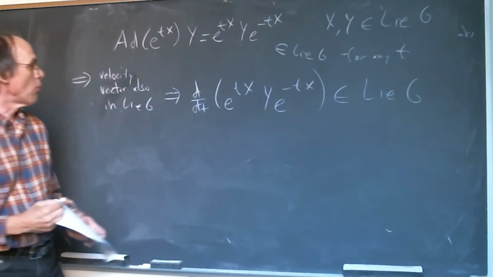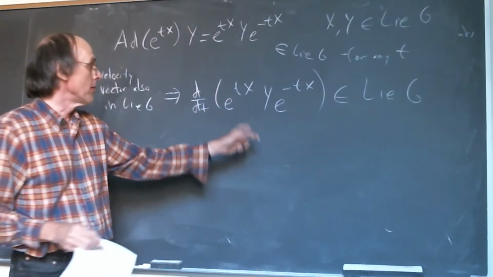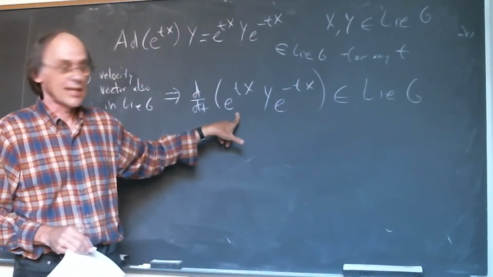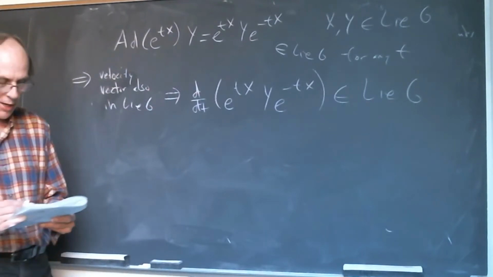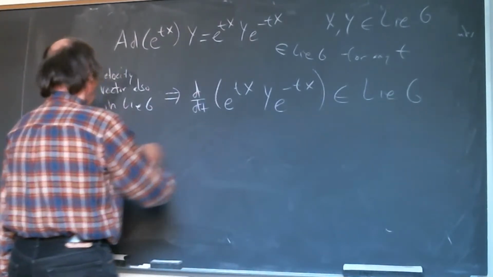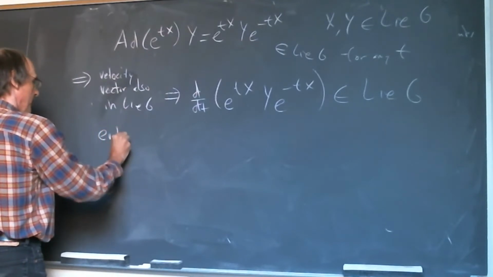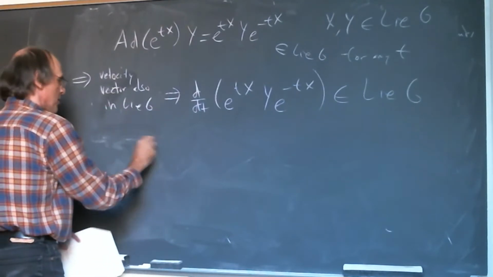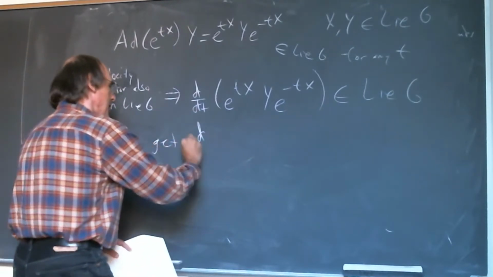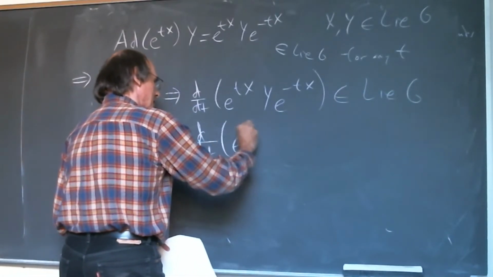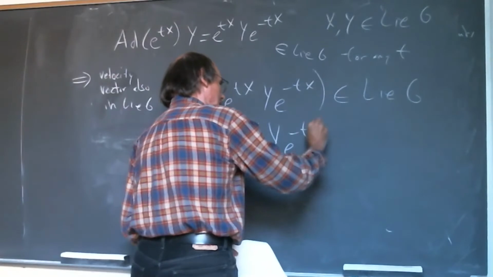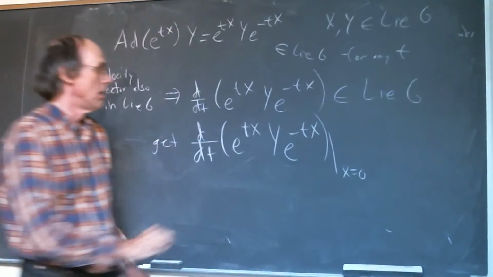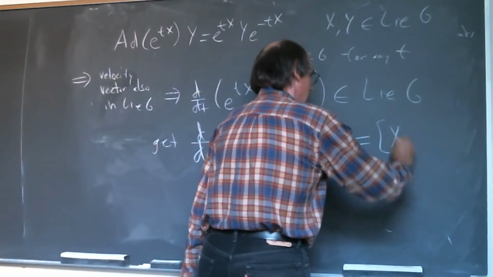Now I won't do the computation. It's in the notes. But if you do this computation, just use the product rule and keep track of what's going on. You get that d/dt of e^{tX} Y e^{-tX} evaluated at t equal to 0 is the commutator of these.